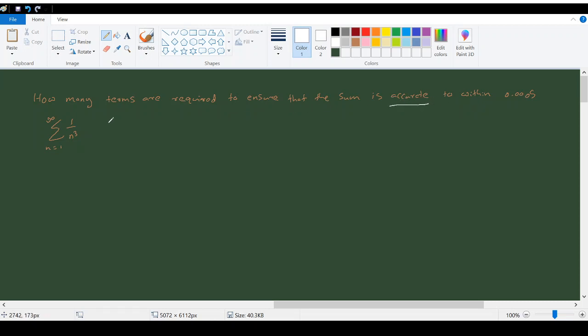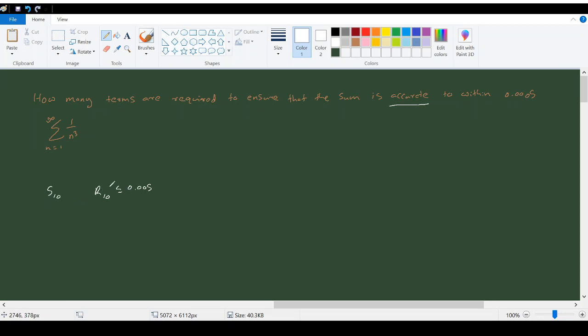Now, in the previous problem we said that if we take 10 terms, then the error of the addition of the first 10 terms will be at most 0.005. That's what we basically did, right?